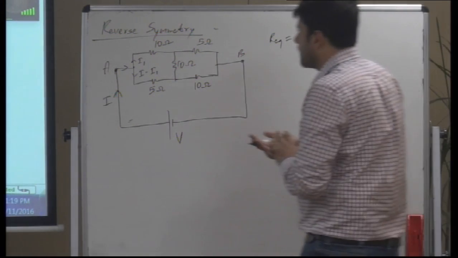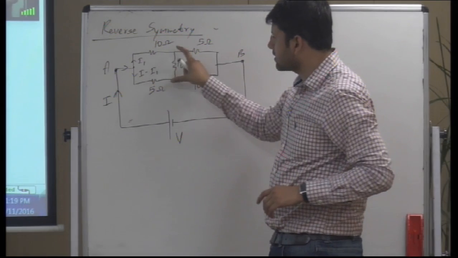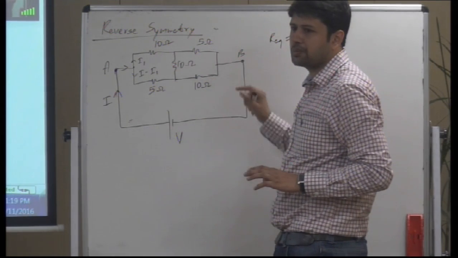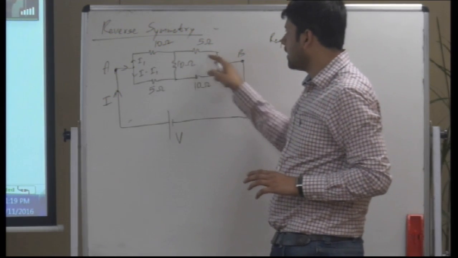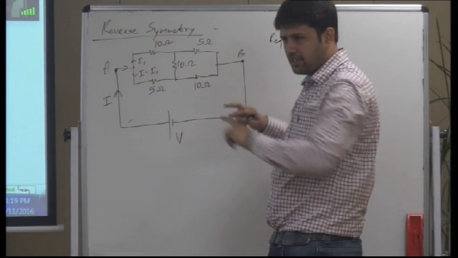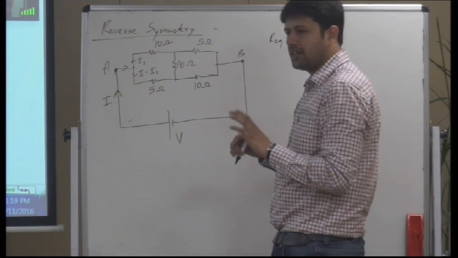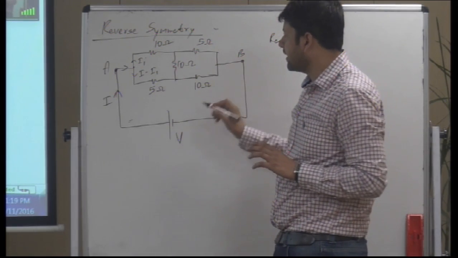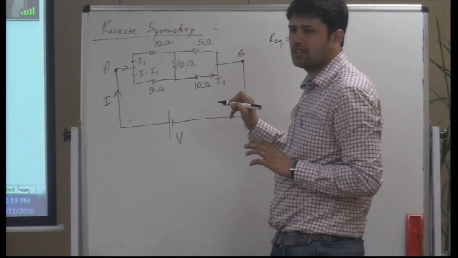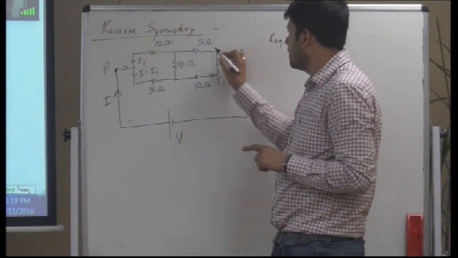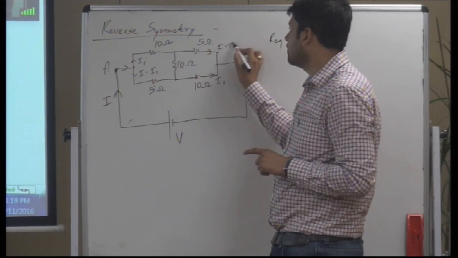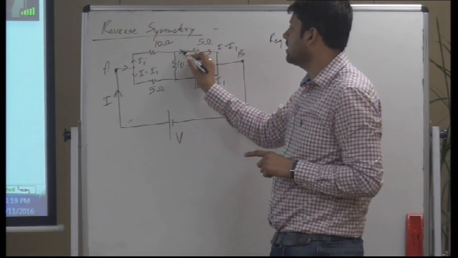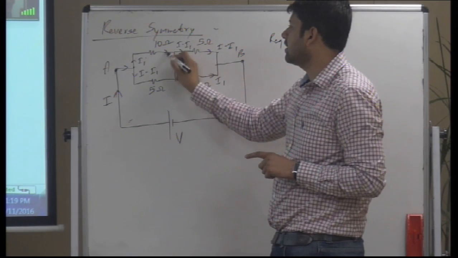What is that symmetry? That current enters and leaves in a similar manner, because the resistances are symmetrical, even though they are reverse symmetrical. If I1 current enters into the 10 ohm, I1 would leave from the 10 ohm, and here I minus I1 would leave.